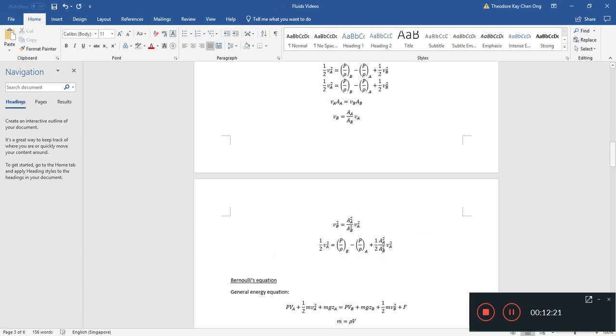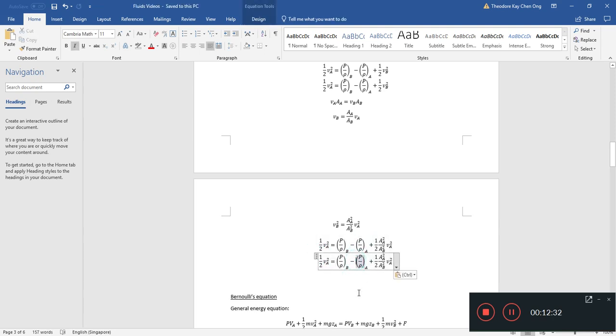So I'm going to bring this to the other side: PB minus PA over rho.